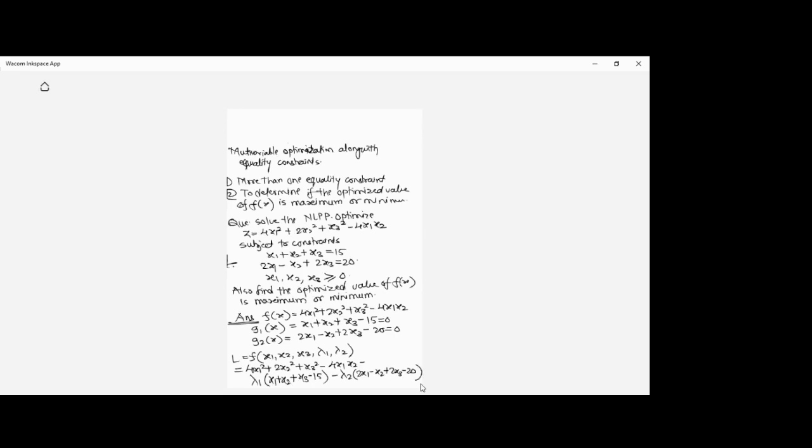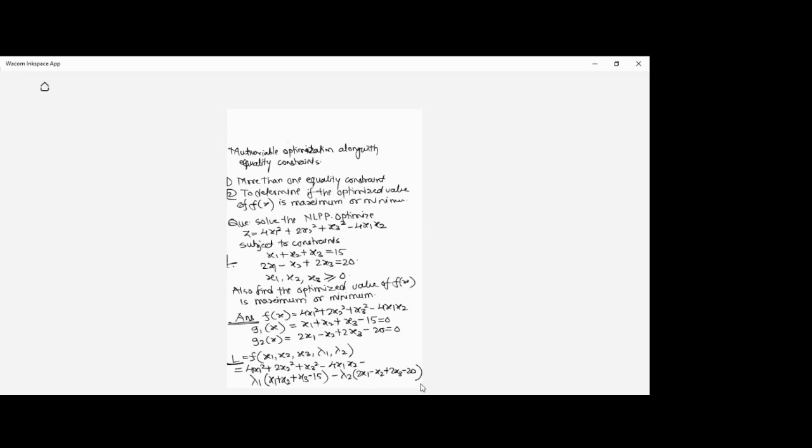Right? So I'm hoping that you have understood this. This is the Lagrangian function, which is a function of x1, x2, x3, lambda 1 and lambda 2.